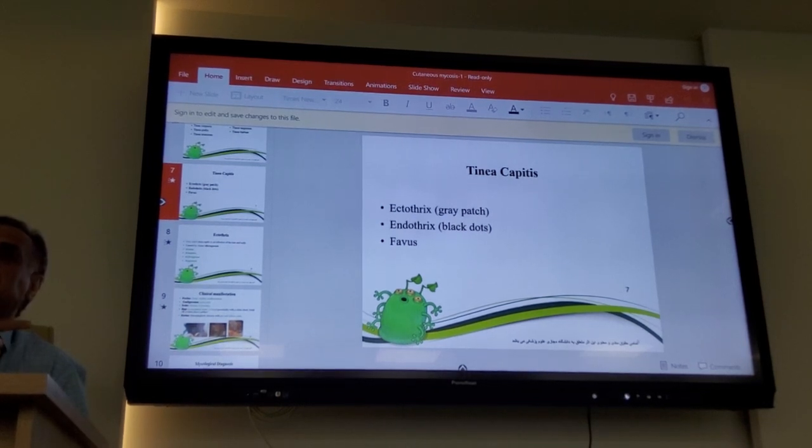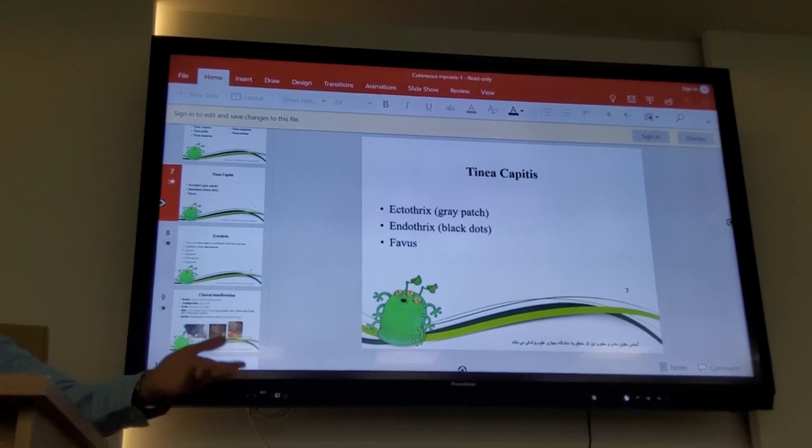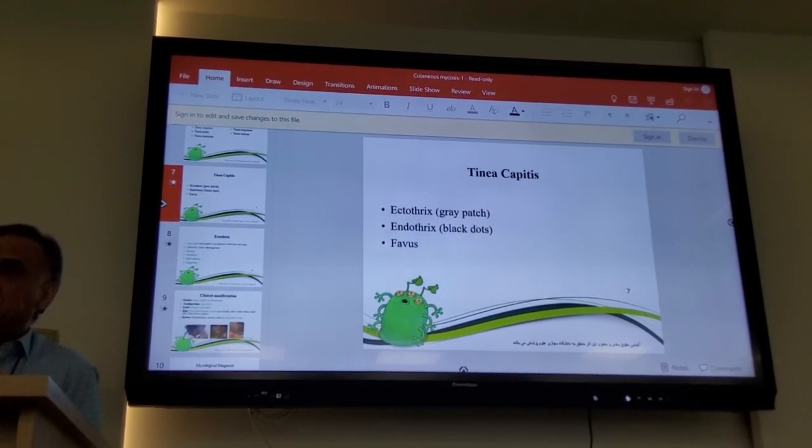This gray patch shows when the fungi grow around the hair, and the color of the hair changes from yellow or black to gray. Therefore, in the spread of infection, you have a patch that is gray.